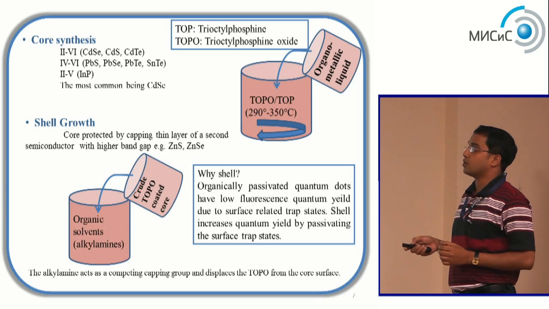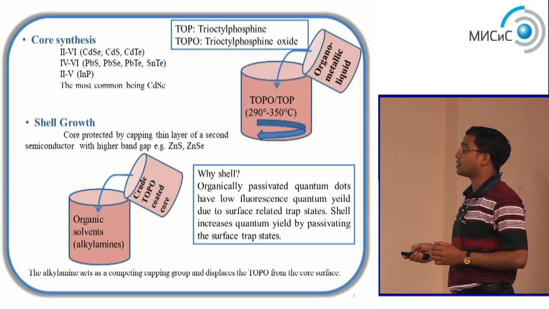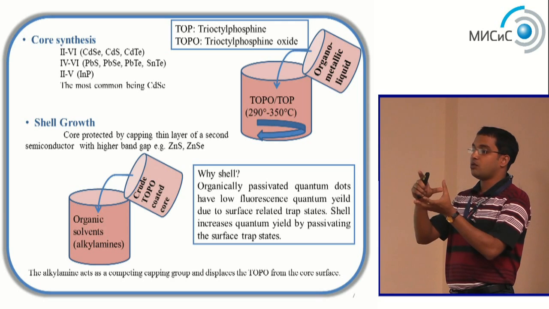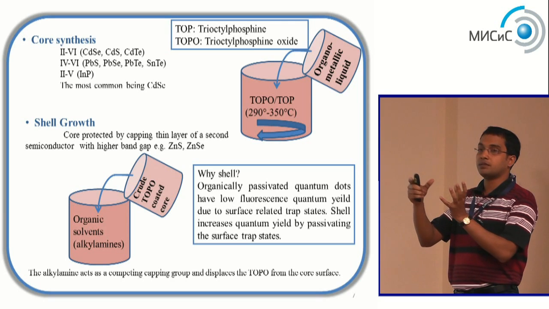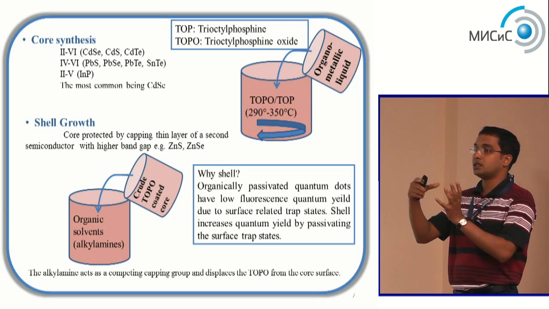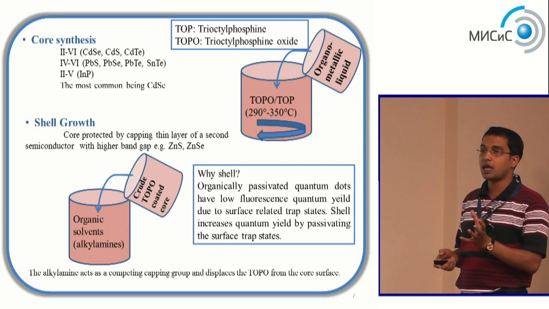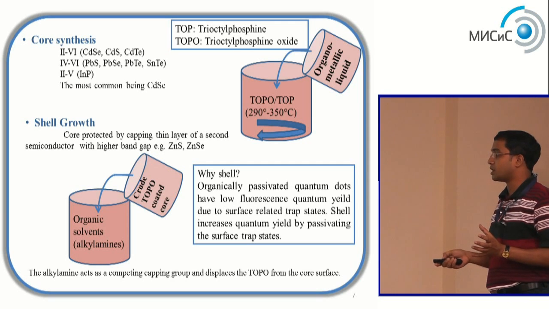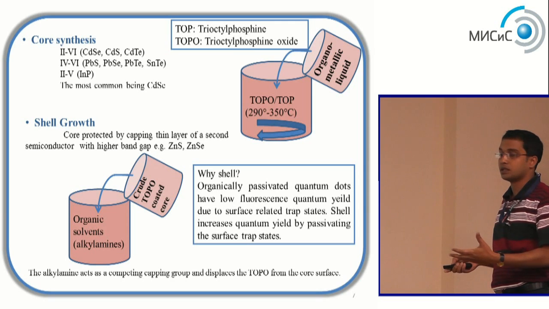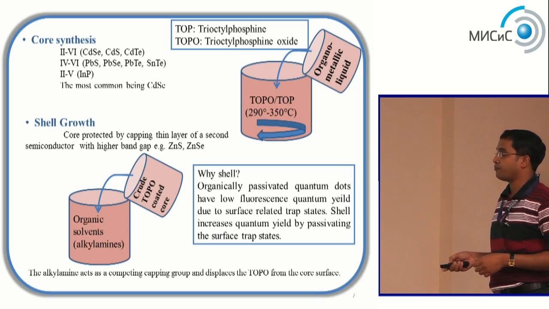And shell growth. Why shell growth? Because if the core is only organically passivated and we do not protect it, it will be unstable and also have a low quantum yield. I will discuss what the quantum yield is for our purpose.